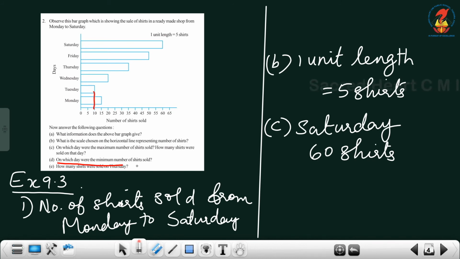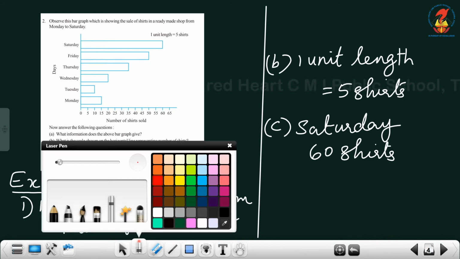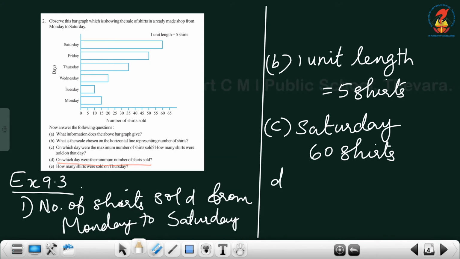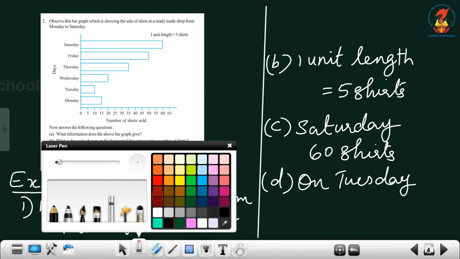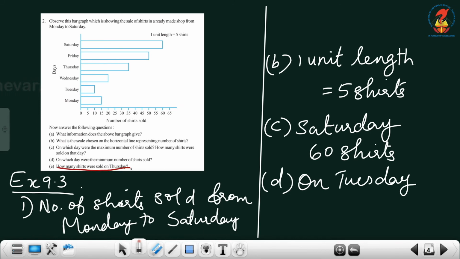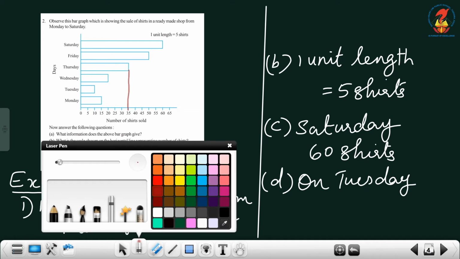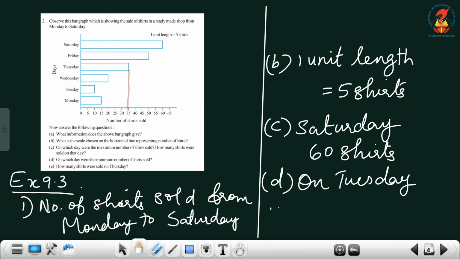Then, how many shirts were sold on Thursday? Thursday, how many shirts? 35. 35 shirts were sold on Thursday.